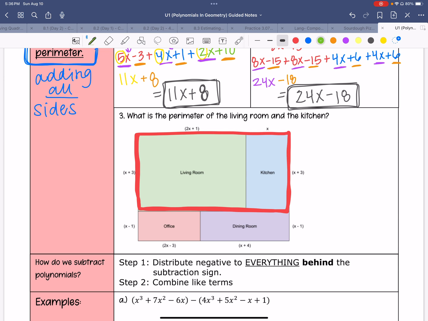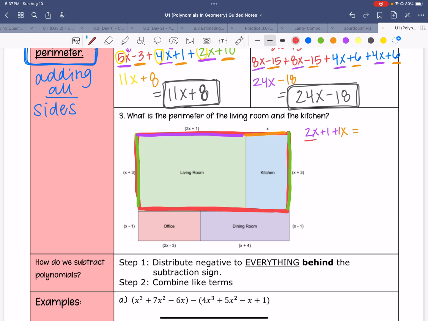So notice I am given this side of my rectangle here. We know that each of these is x plus 3. But the other sides of our rectangle, notice that this is 2x plus 1, and then this is x. So if I take 2x plus 1 plus that x, again, we're going to combine our like terms.